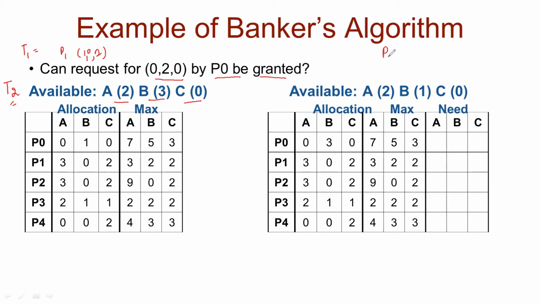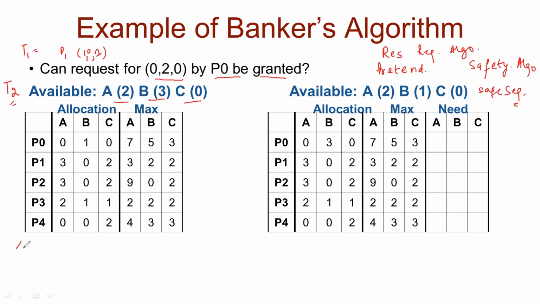We will use the resource request algorithm again and pretend that this request is granted. After the request is granted, we will run the safety algorithm to find a safe sequence. If we are able to find a safe sequence, this request will be granted, otherwise not.